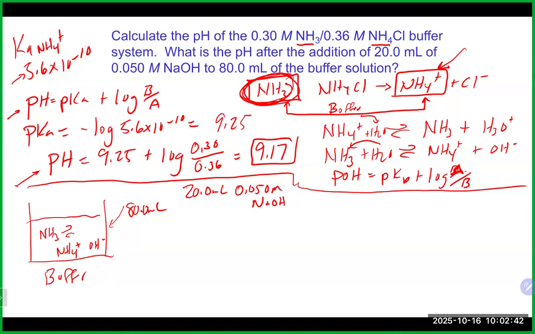So remember, in this case where we're adding, we do need to do our ice table to figure out what the change is going to be here in our buffer. And we do need to get the moles. So why don't we do that up front? So the moles of sodium hydroxide would be 0.02 liters times our molarity of 0.05 moles per liter.